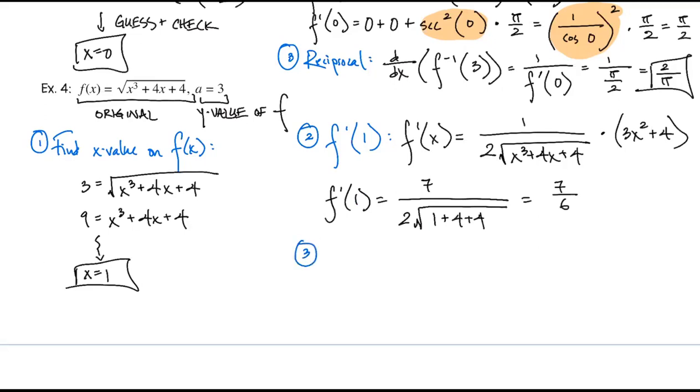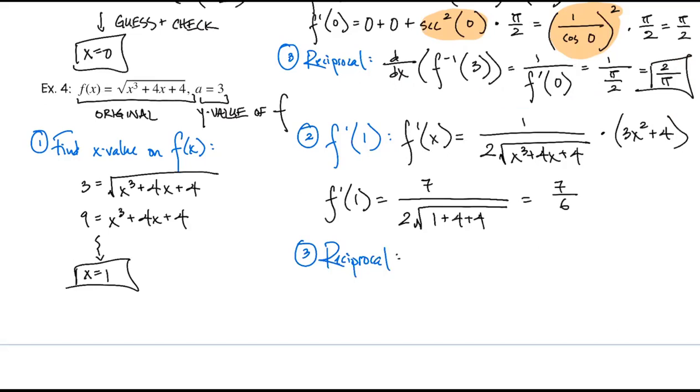Last step, I do want us to practice writing this part. I don't want us to leave our answer just as the reciprocal. I want to make sure we know how to write out the first part as well.